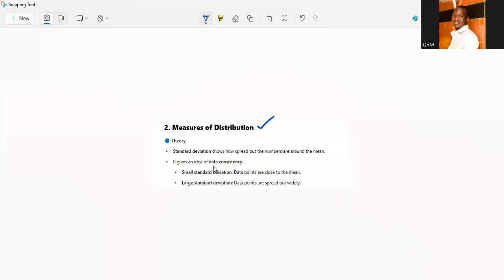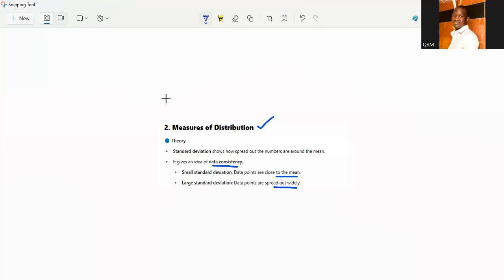So the idea is about studying the consistency of the data. When your standard deviation is small, it means that our data points are close to the mean. When the standard deviation is large, it means that our data spread is what? Spreading outwards. So if you have a small standard deviation, it means that we have more accurate data.